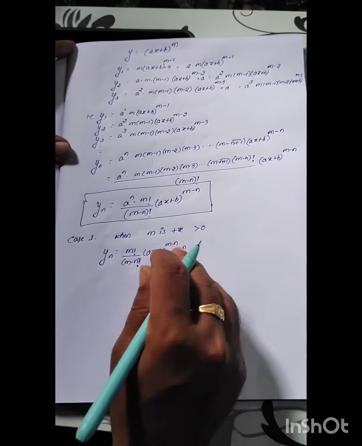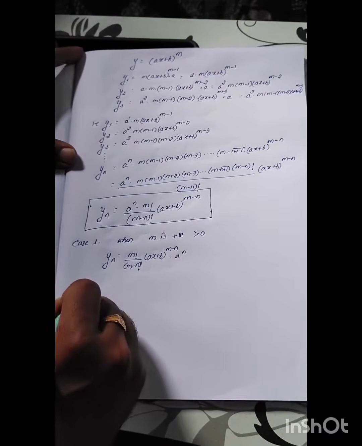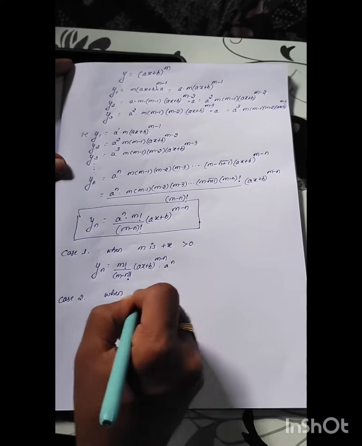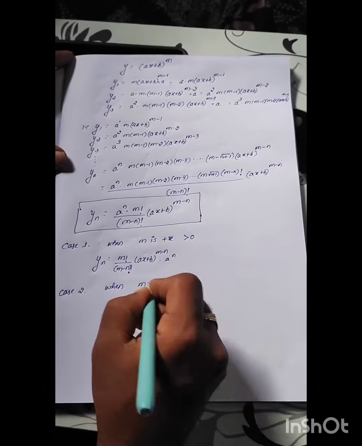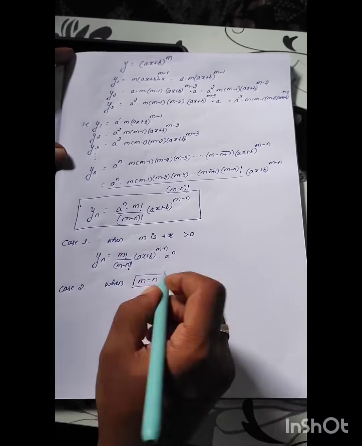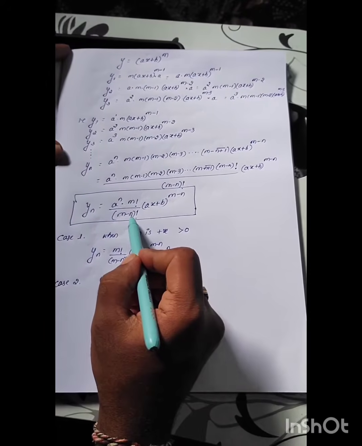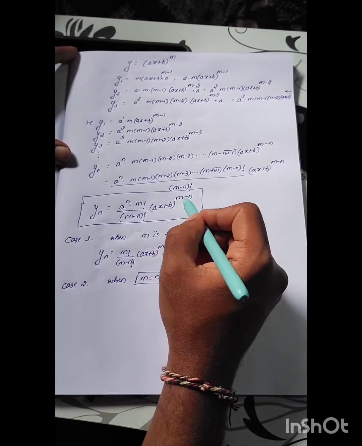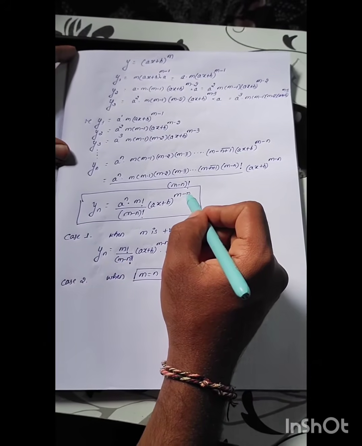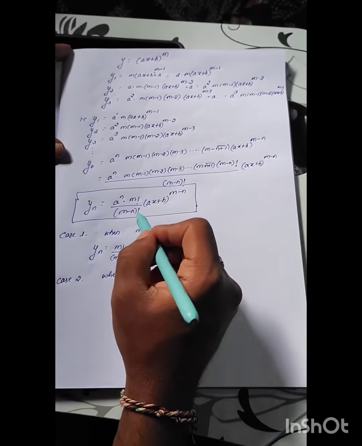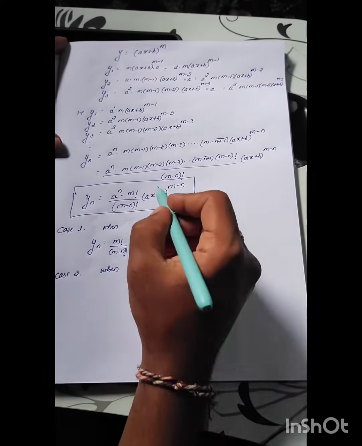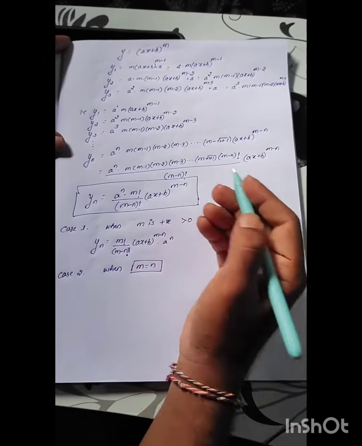And the second thing is case 2, that is when m is equal to n. So when m is equal to n, what will happen here? M minus n, when it is equal, this will become 0 factorial, and ax plus b raised to m minus n, that is 0. Ax plus b raised to 0 is 1, and 0 factorial is nothing but 1.